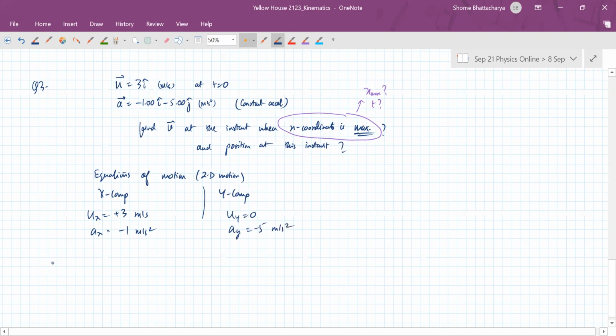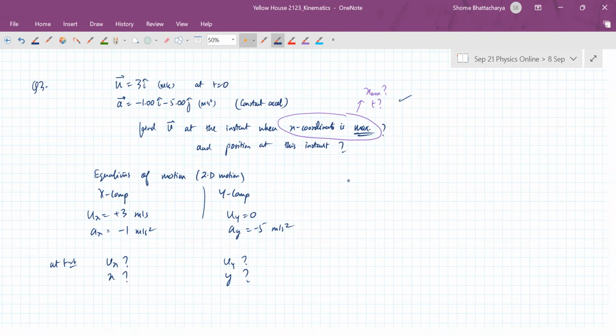So at time t, find out how much is Vx, x, Vy, and y, and then you can answer this question next time. I'd like all of you to try this out first. Just work out these quantities which I have put with question marks, then we'll answer the particular questions. Just use the standard equations for the individual components.